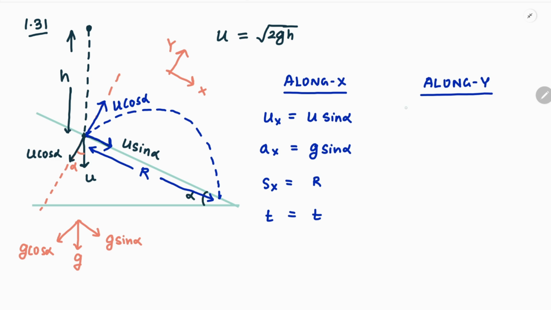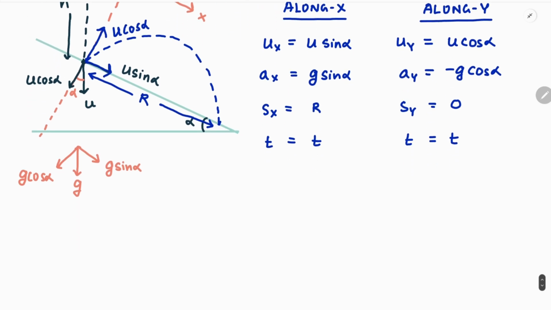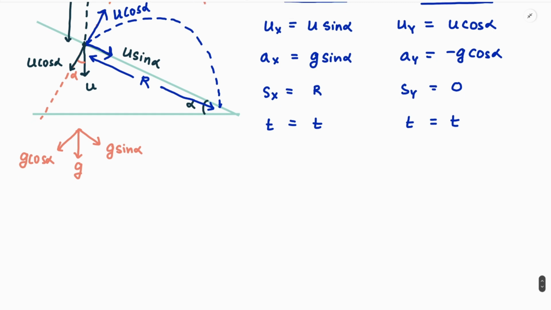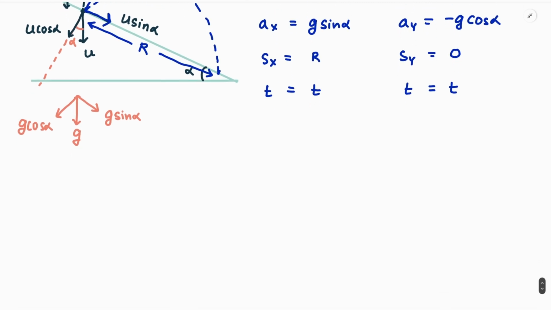For calculation of time we take the y-axis: the initial velocity in the y-axis direction is equal to u cos alpha, acceleration in the y-axis direction is equal to minus g cos alpha, and displacement along the y-axis in the entire duration of motion will be 0, and it will take the same time t. Since both motions take place simultaneously, the time duration for both motions is the same.